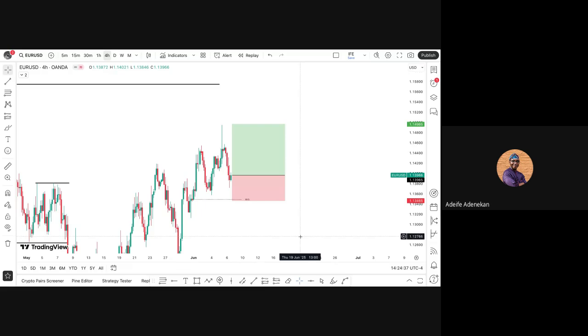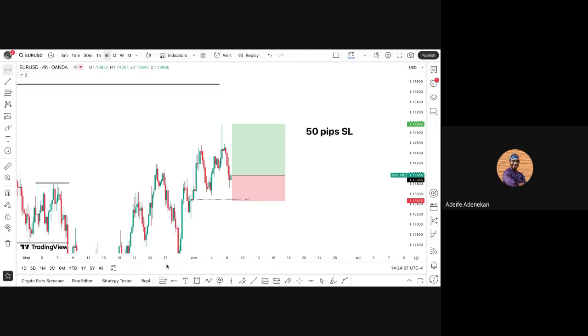Now, this is where some bit of maths enters into it. So we have a 50 pip stop loss, right? So the idea is that when price hits 50 pips, you don't want to lose a certain amount of money.